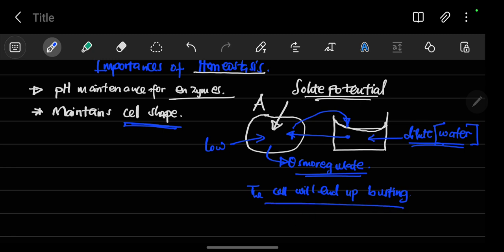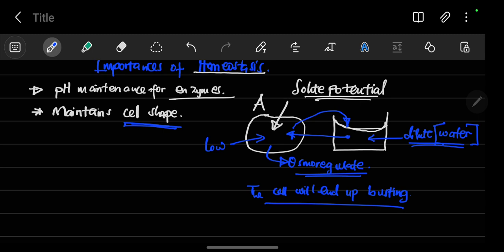So when you read about the opposite of this, maybe our animal cell is placed in a container having water, but that water is more concentrated than the cell contents. What happens? Water is going to be moving from the cell to the container, or to the region where water is at a lower concentration.